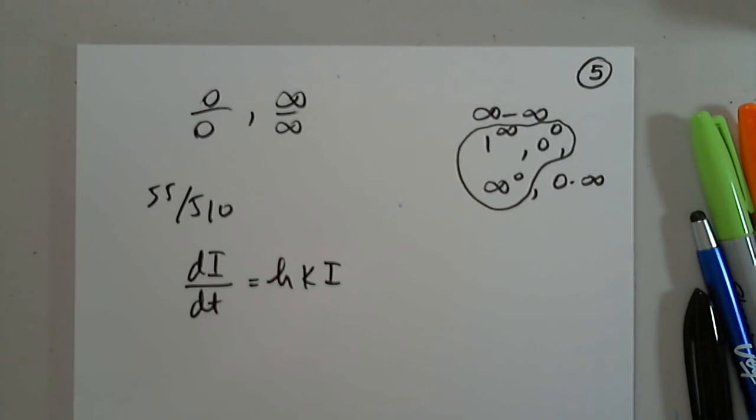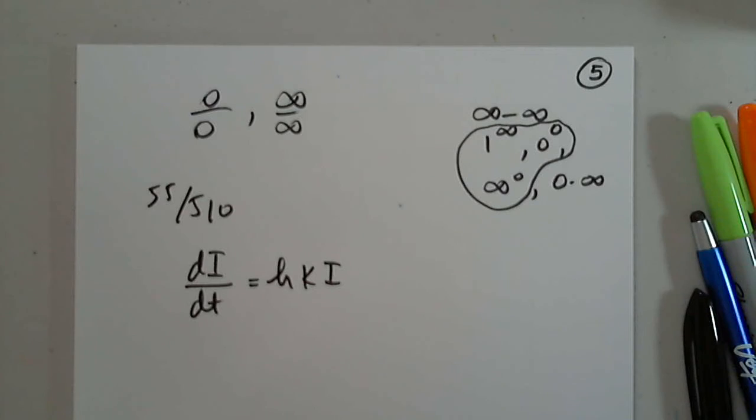I is the investment. H is the investment productivity, so it's a constant. K is the marginal productivity to the consumer constant, and t is the time. So H and K are constants, I is the variable, and t is the time.